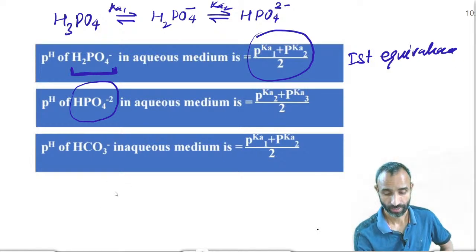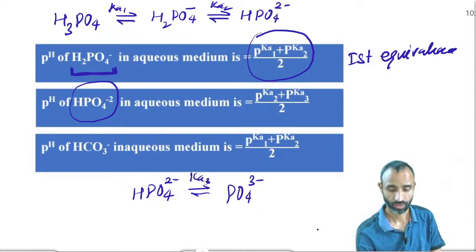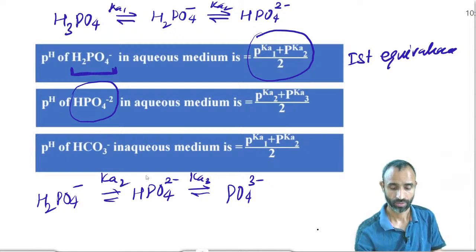Now second, if we have HPO4 2 negative, it can give PO4 3 negative, that is Ka3, or H2PO4 negative, that is Ka2.